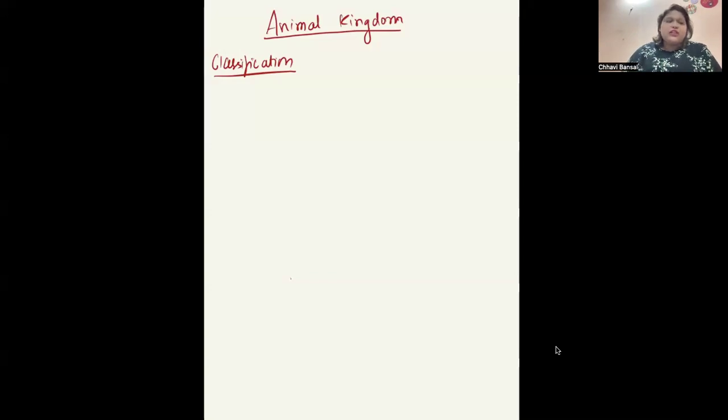This is what usually happens. Now imagine if the library is not arranged in such a way and there is just a pile of books, and you have to find the required book in that pile. Will it be easier for you? No, it would be very difficult, right? Because now you have to look at each and every book to find where your required book is. So this is what classification does.